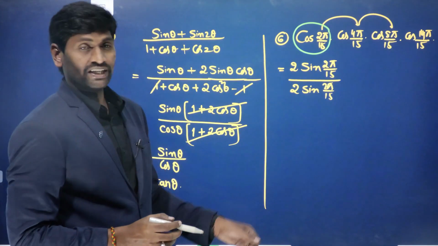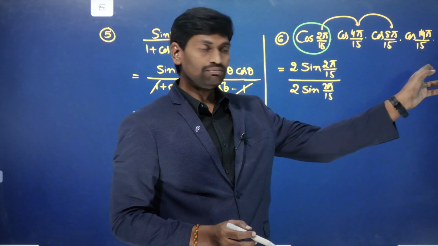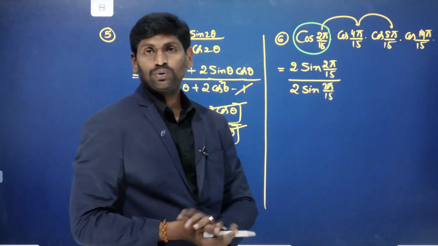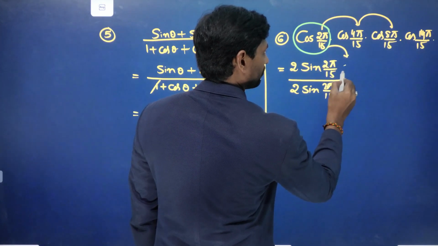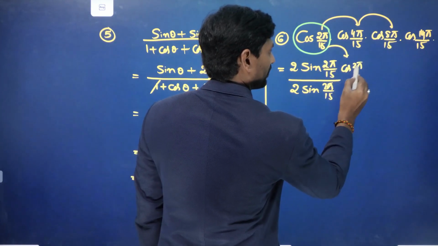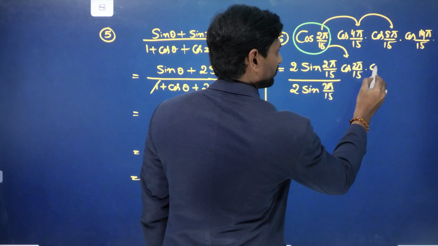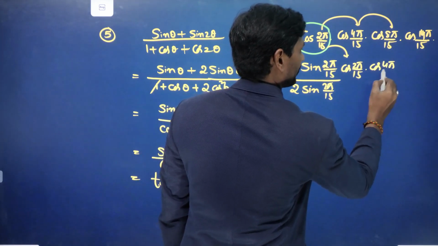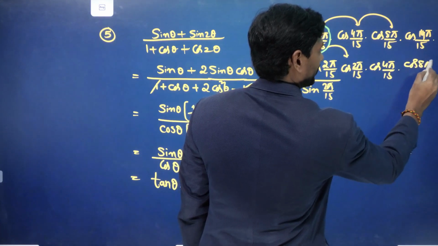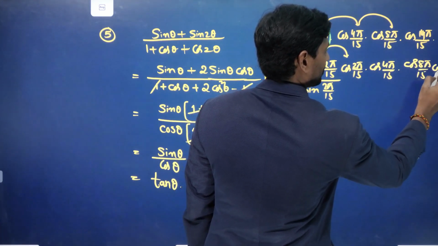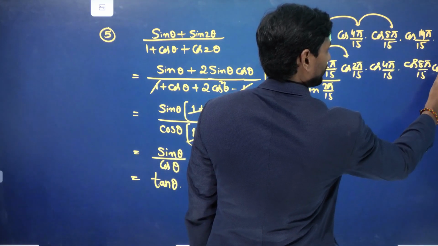The remaining parts are cos 2 pi by 15 into cos 4 pi by 15, cos 8 pi by 15 and last cos 14 pi by 15.